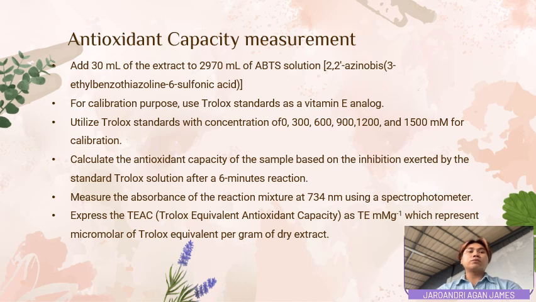Then calculate the antioxidant capacity of the sample based on the inhibition exerted by the standard Trolox solution after a 6-minute reaction. Then measure the absorbance of the reaction mixture at 734 nanometer using a spectrophotometer. Then express the TEAC as TE, which represents the micromolar of Trolox equivalent per gram of dry extract.